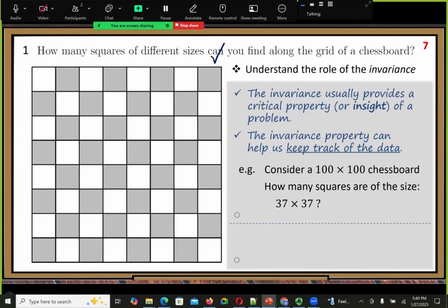From the previous chessboard, you always remember 9 as the sum for the sides. And here we have 100 sides, plus 1, which is 101, and then we subtract 37. We get how many? Perfect. That's a perfect answer.